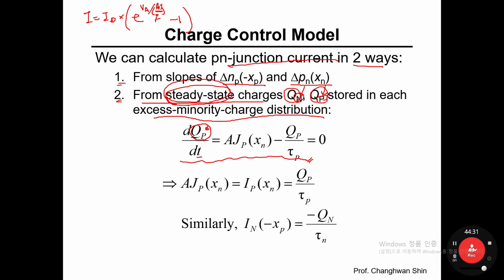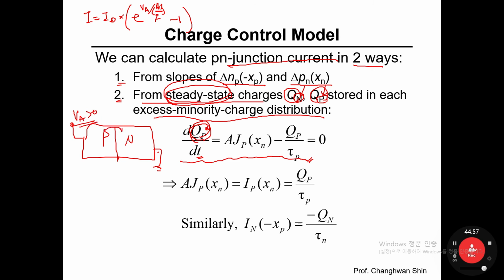So as time varies, the holes stored in the n side would never be modified. I'm talking about this in a PN junction diode where DC forward bias has been applied.